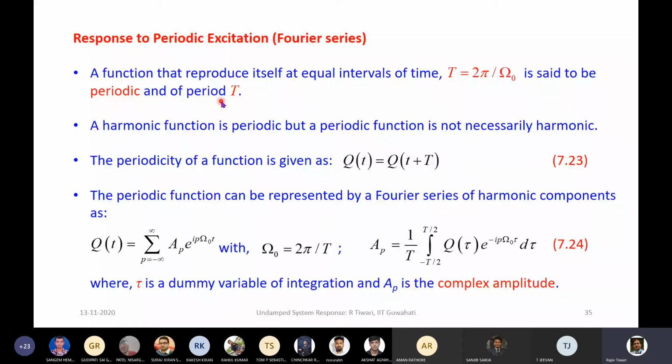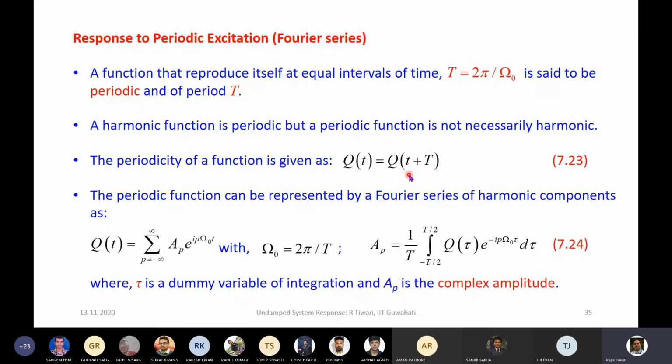That is called periodic. So this is the mathematical definition of the periodic signal, that after time period T, this particular force becomes the same. So it repeats after a time.